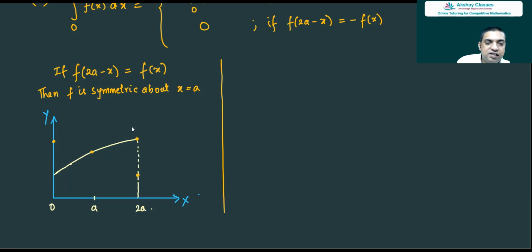So this is y equal to f of x, and this curve will be symmetric. You can see this is f of 2a minus x. Both of them are symmetric about this line, x equal to a. You just flip one function around this line, you will get the other. So both are symmetric.